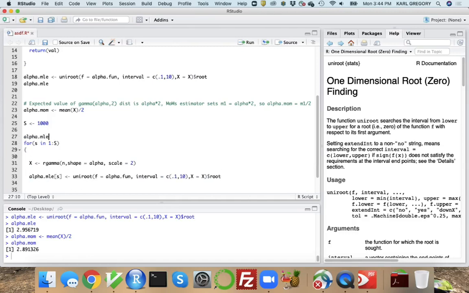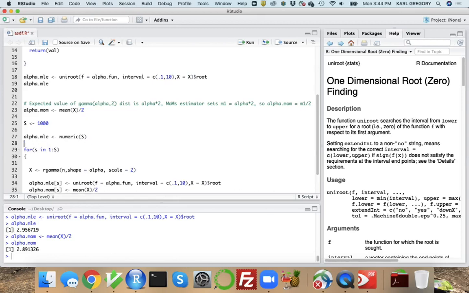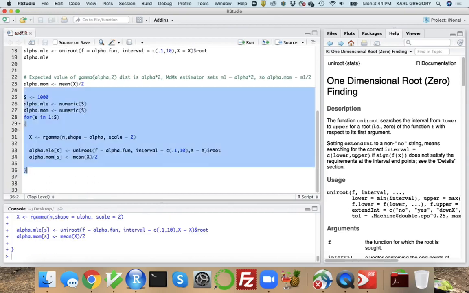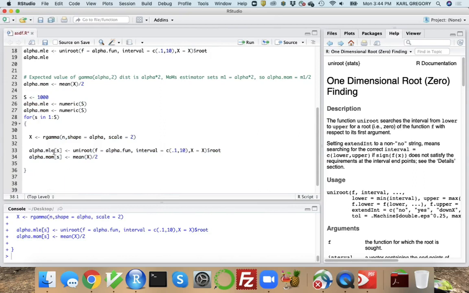I'm going to store it in position s of some vector, and then get the method of moments estimator and store that in position s of another vector. So alpha MOM, create the empty vector. And so now I have 1,000 values of each of them.